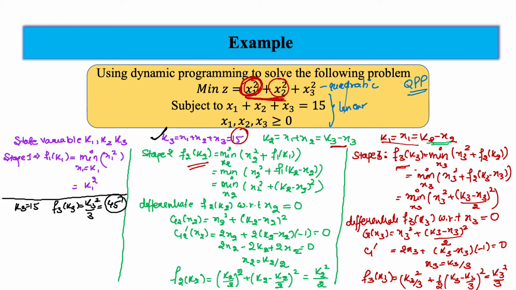Now at which point, what are the values of x1, x2, x3? x3 is k3 by 3, so it is 15 by 3, that is 5. Now x2.